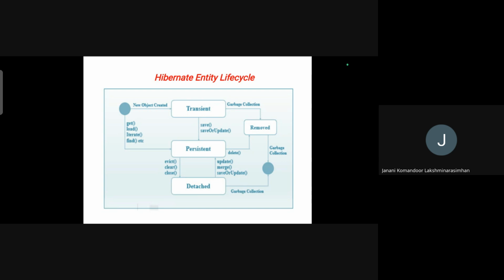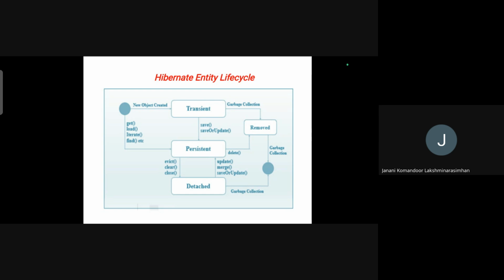So these are the 4 states through which an object moves during its life cycle. As and when it is created, it is in transient state. From transient state, the object goes to the persistent stage. From persistent stage, it may go to the detached state.